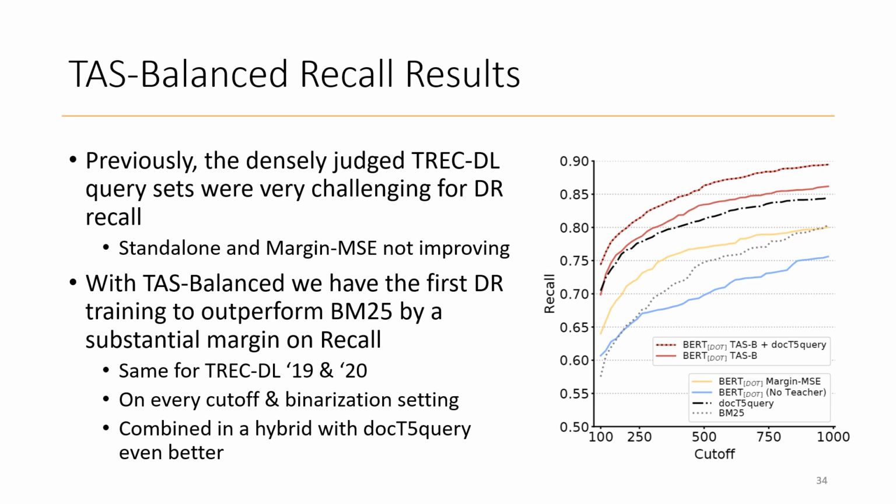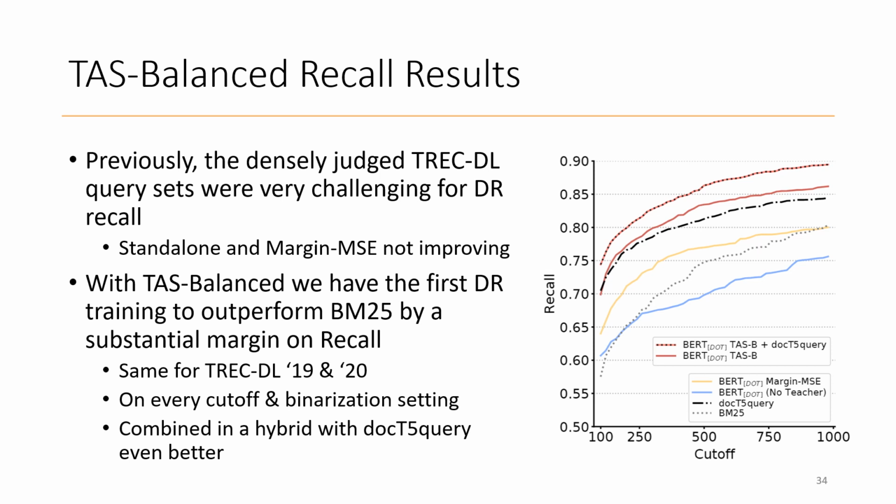So here, BM25 still had the upper hand, especially compared to a standalone or a Margin-MSE trained dense retriever, where the recall stays roughly equal to BM25. Here in the plot on the right side, on the y-axis you have the recall value, and on the x-axis you have this recall value at different cutoffs.